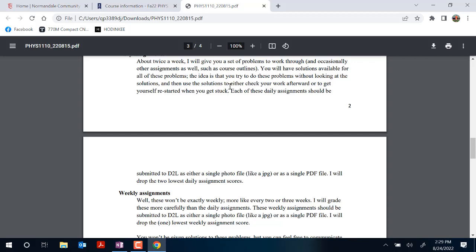But every time I give a daily assignment, I'll have a folder in D2L, and you'll write out the work and then either take photos of it or scan it and get a PDF of it, and then submit that to the folder that I put in D2L. So that's how we'll exchange those daily assignments.